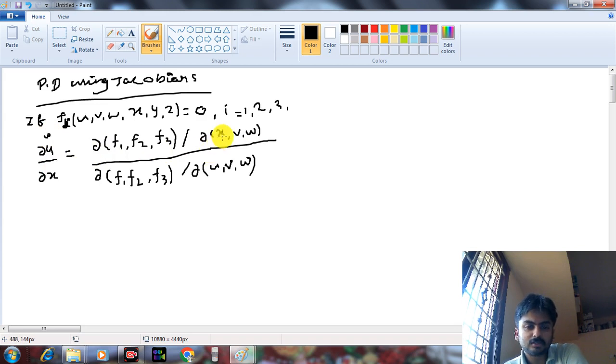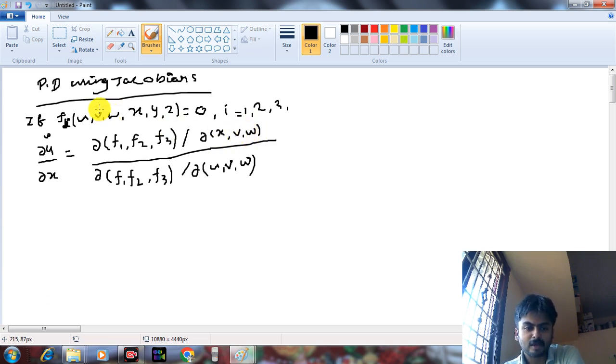Since w is the last term, in the place of w we will have x. So in the beginning we will have u and v, and in the place of w you will have x.